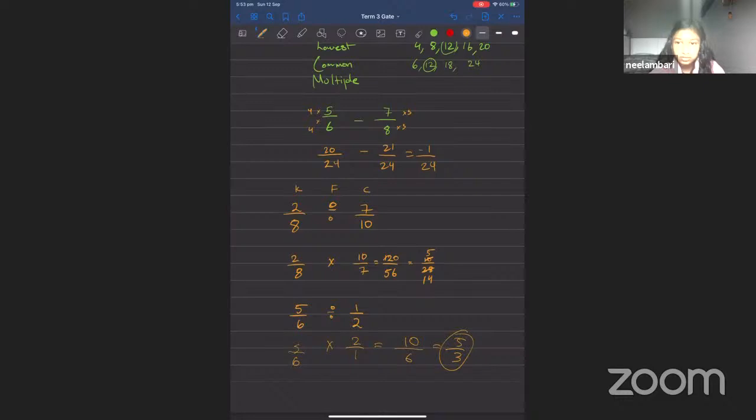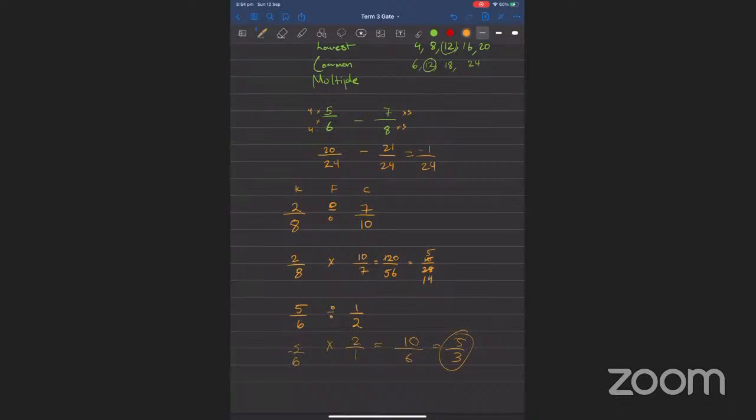Navavish: I have two questions. My first question is, in the actual GATE exam, will we have leftover room in the booklet or paper to work it out, or will we have to do it mentally?